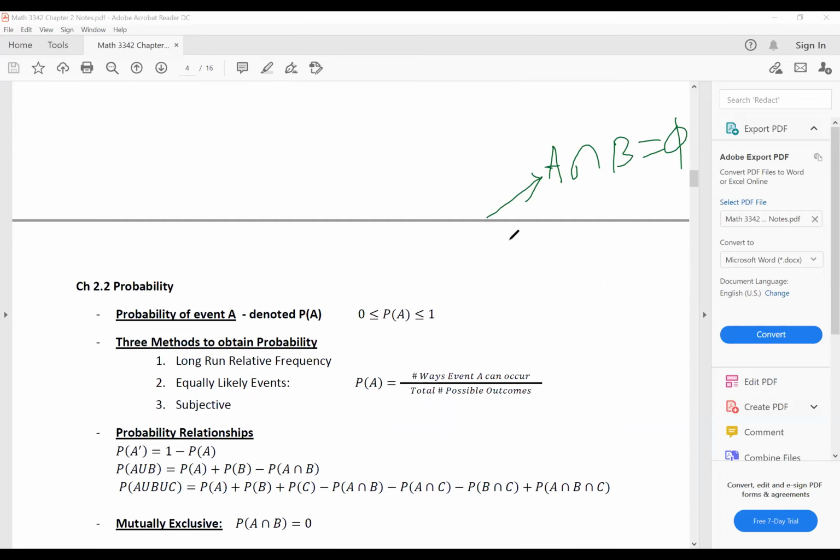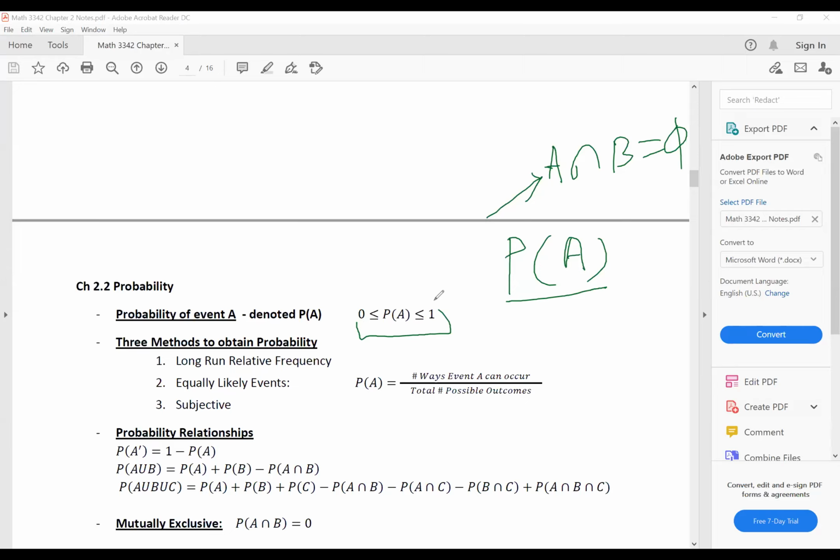The probability of an event is denoted by P of A. This notation is called probability of event A. And probability is always between 0 and 1. The probability cannot be more than 1 or negative. So it cannot be less than 0 or more than 1.